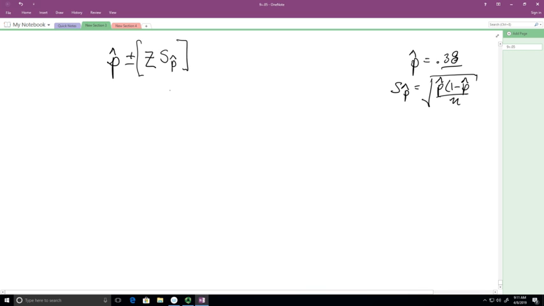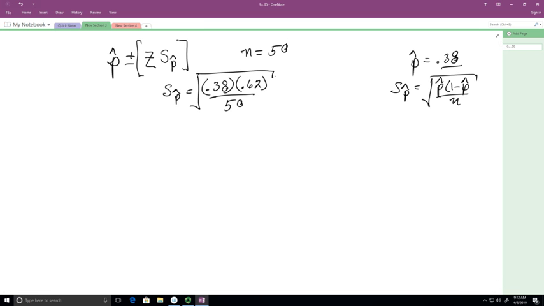So we'd have 0.38 times 0.62 divided by, we'll give this a sample size of 50. Why not? So that is the confidence interval for P.